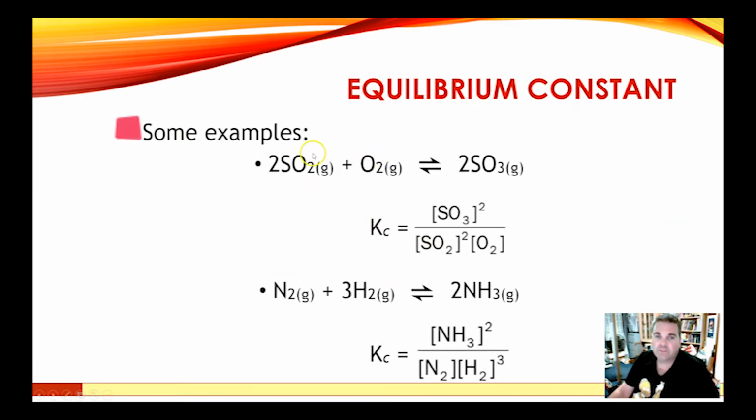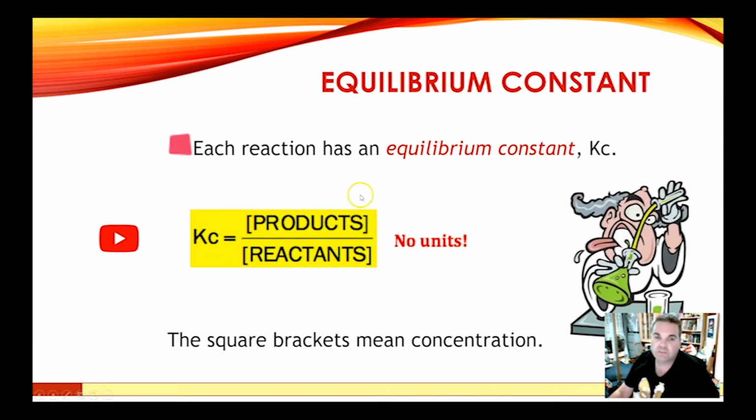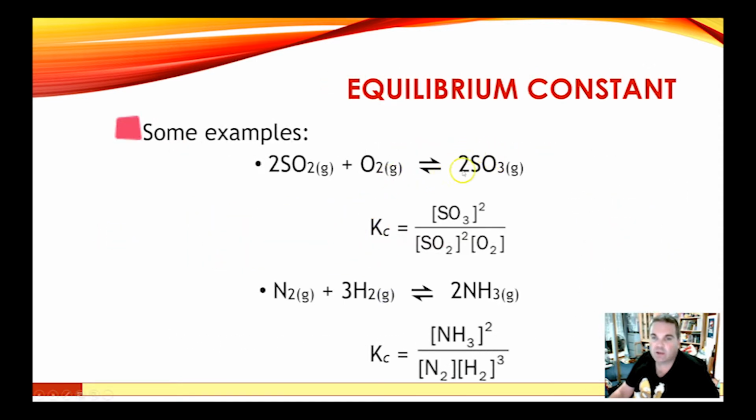So here we've got sulfur dioxide plus oxygen gas to get sulfur trioxide. A couple of things I should go through in terms of some rules, in a minute, but for the moment I just want you to see what we're talking about with this whole concept of products over reactants. In this reaction we've got our product of sulfur trioxide. I want you to start noticing some of the trends.